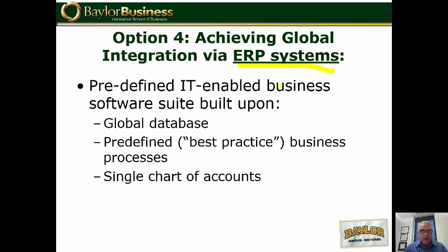Let's talk a little bit about ERP systems. These are basically software suites that you buy from vendors like Oracle or SAP. These systems come with a global database already built into them, and predefined business processes.